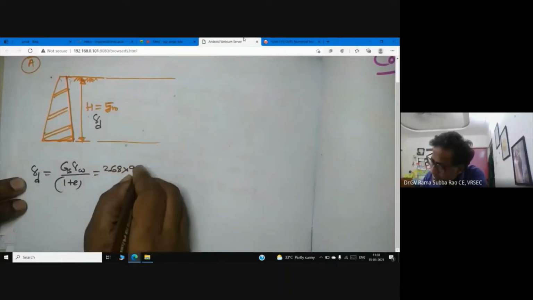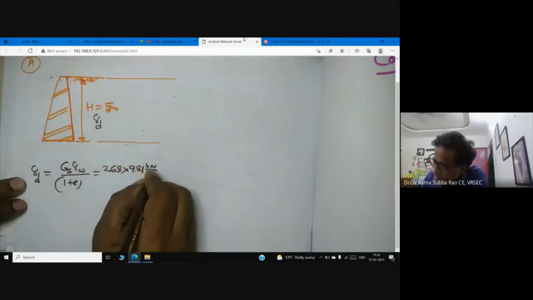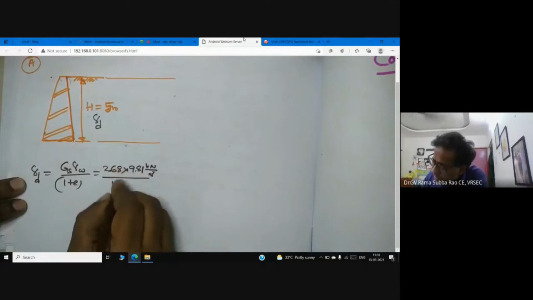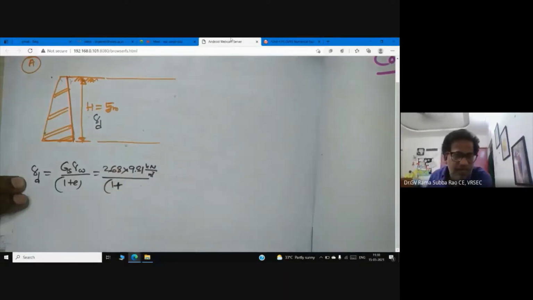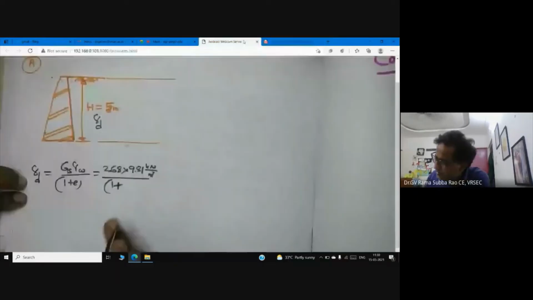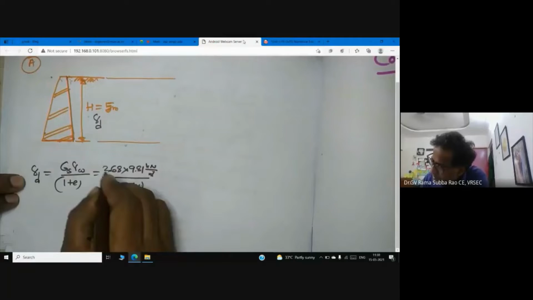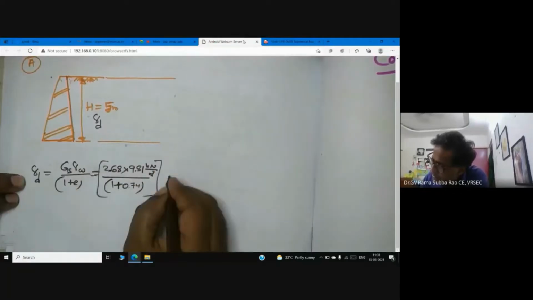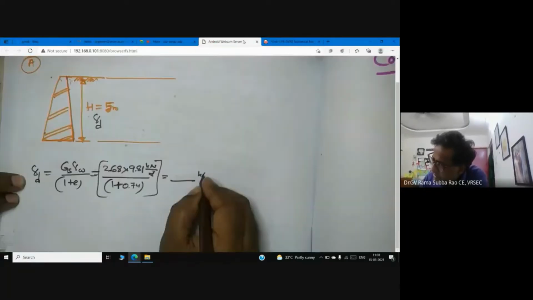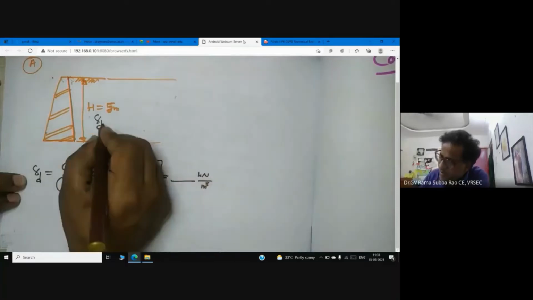And gamma w is 9.81 kilonewton per meter cube, divided by 1 plus e. e is given, it is 0.74. What is gamma d now? Gamma d is equal to kilonewton per meter cube. I have gamma d now.